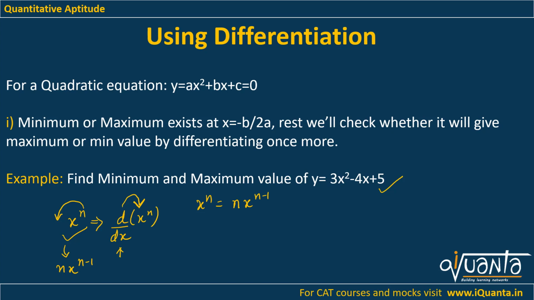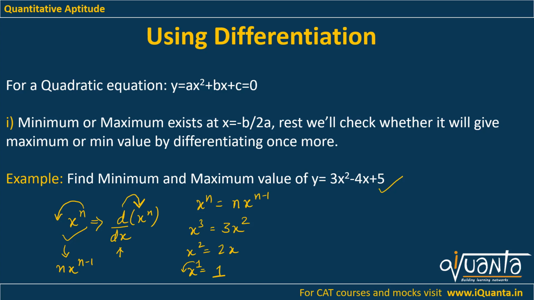Similarly, if I ask you differentiation of x cube with respect to x, you will write this 3 in front, you will write x, the power will be decreased by 1, it will become 3x square. Similarly, if I ask you differentiation of x square, you will write 2x to the power 1 or simply 2x. If I ask you the differentiation of x with respect to x, you will write 1, because x to the power 1, that means this power will come in front and then it will become x to the power 0, right? X to the power 0 is 1 only, so we get 1.